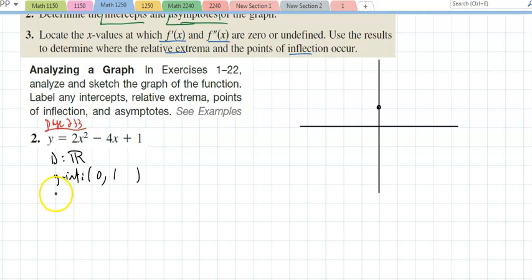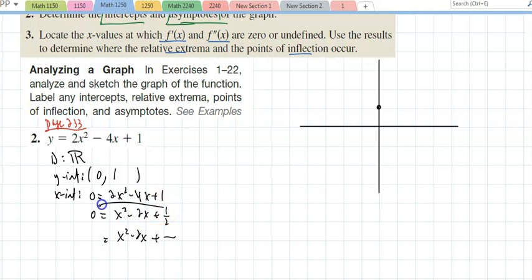And to find the x-intercept, you set y equal to 0. And I would complete the square. Students prefer the quadratic formula, whatever works. So I'm going to take x squared minus 2x plus a number, equal, and move this to the other side.